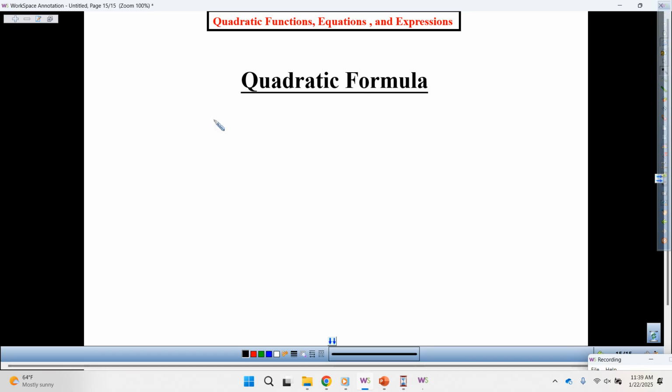Yeah, right. x equals -b plus or minus square root of b squared minus 4ac, over 2a. That's your quadratic formula. Write it down.